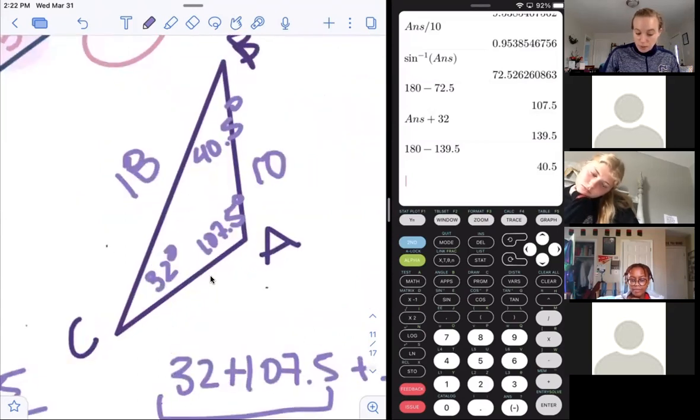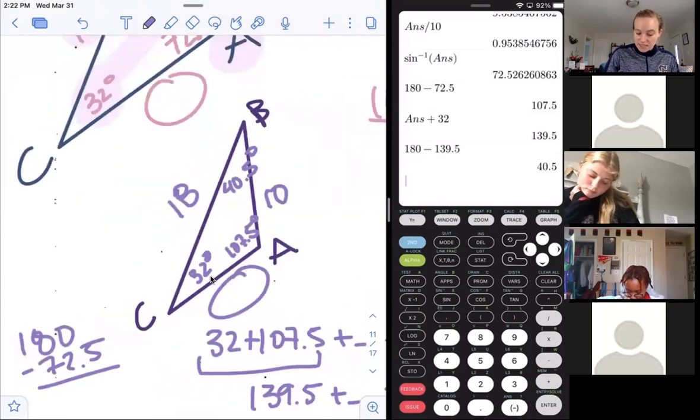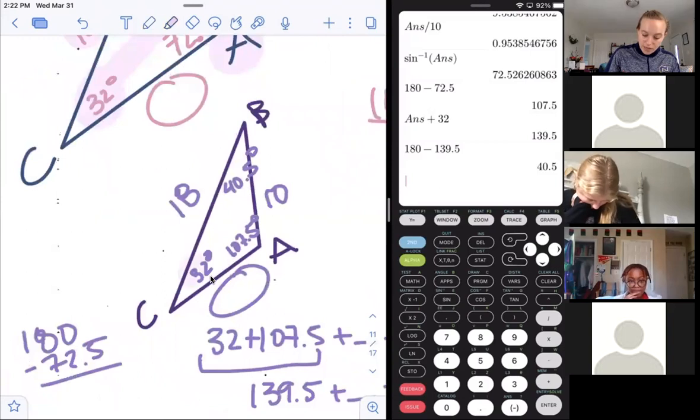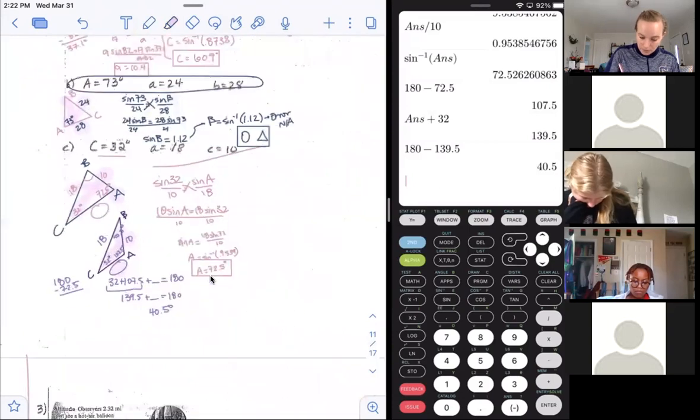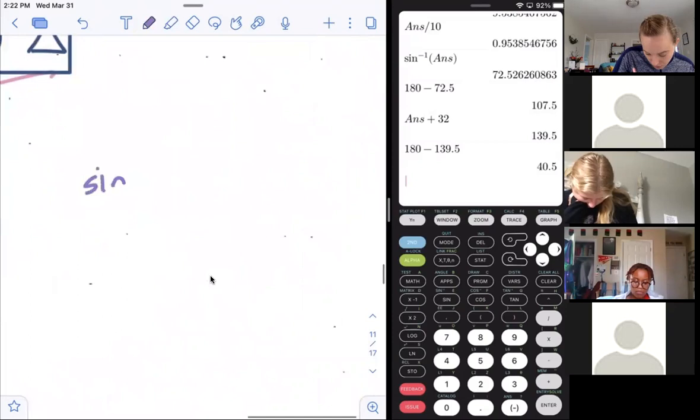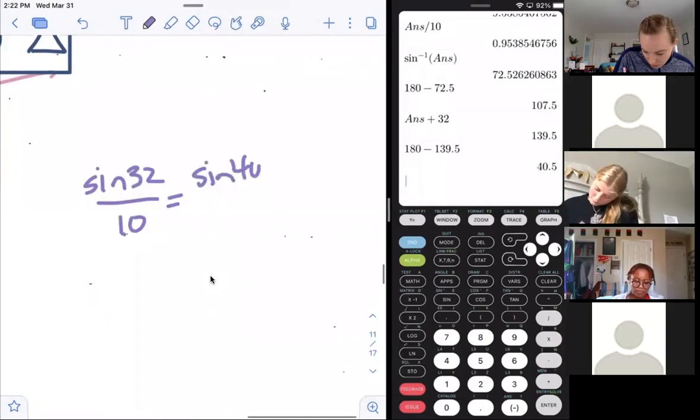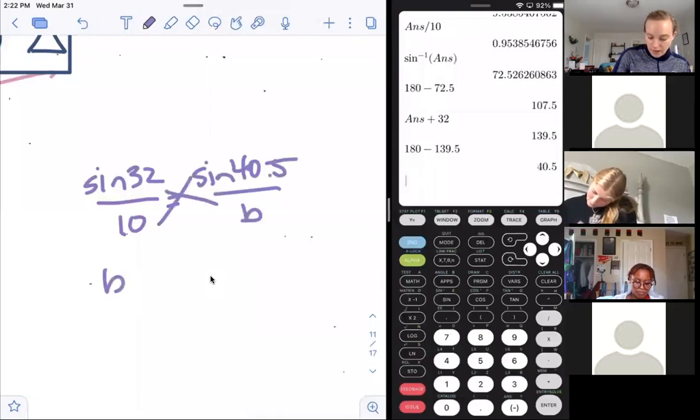Let's actually finish this purple one first because all I'm missing is this side, little b. So I'm going to do sine of 32 over 10 equals sine of 40.5 over little b. Do that over here off to the side. Sine of 32 over 10 equals sine of 40.5 over b. Cross multiply.